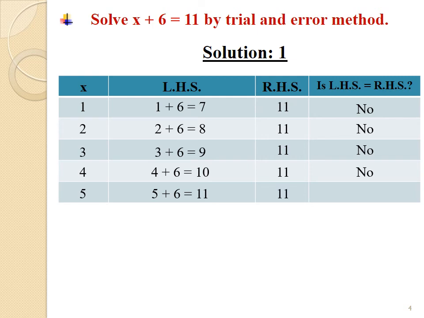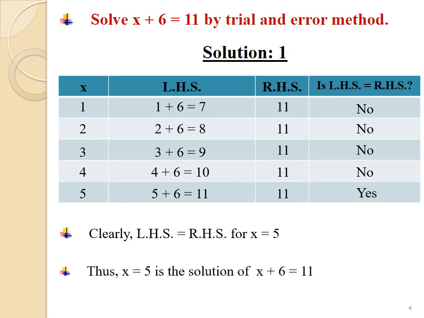Since LHS is equal to RHS, that is 11 is equal to 11, so we have to write yes. So, clearly LHS is equal to RHS for x equals 5. Thus, x equals 5 is the solution of x plus 6 equals 11.